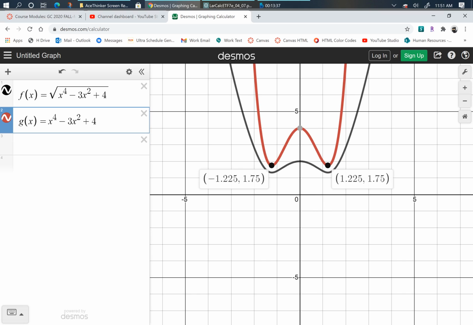And since all we're using this function for is to find those x values, we're fine just using the radicand rather than needing to use the entire square root function. Is that okay? I'm hoping so.